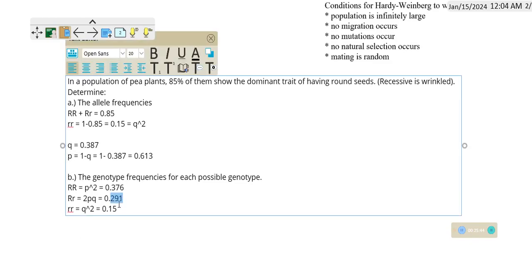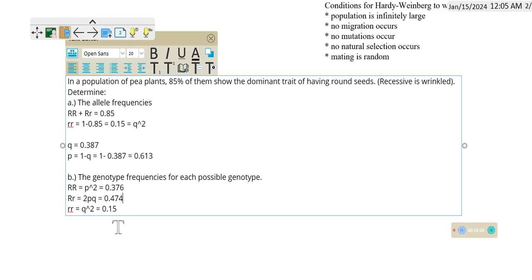This should have been 0.474. How do I know that I had that wrong? I was adding these up here and I realized they were not going to equal 1. And so my check here is I have to take my 0.376 plus 0.474 plus 0.15. That should always give me 1, and in this case now it will.